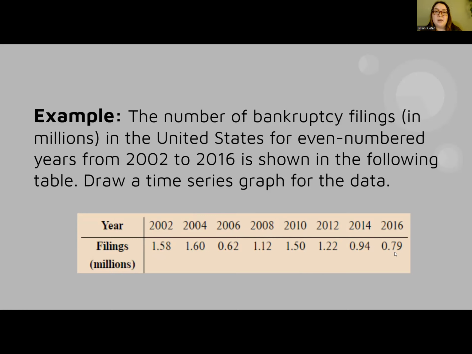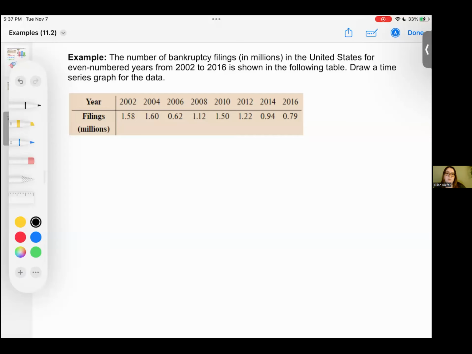So we can go ahead and use our data to try to draw our time series graph. So let's go ahead and do that now. For our example here, we have about 8 years, and then we have 8 corresponding filings. Our years are going by 2, from 2002 to 2016, and our filings are in decimal values.